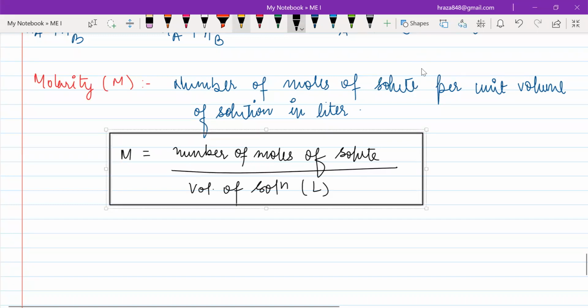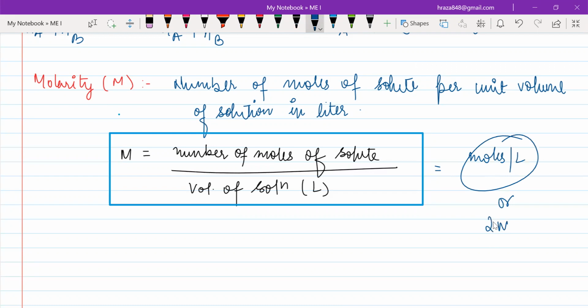Now we will talk about its unit. You know that in the numerator there is moles, so it will be moles per liter, or we can directly write capital M. So please do write it.